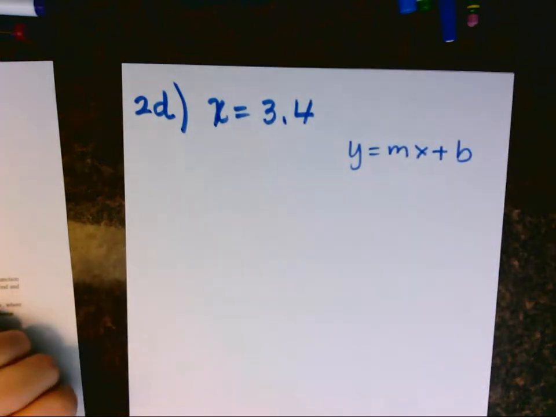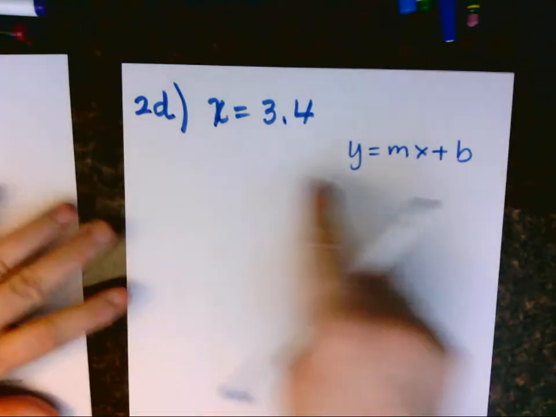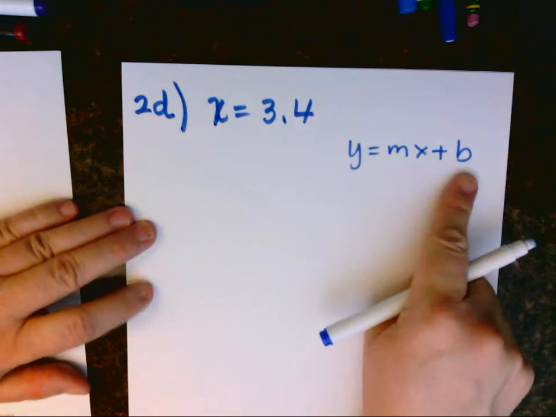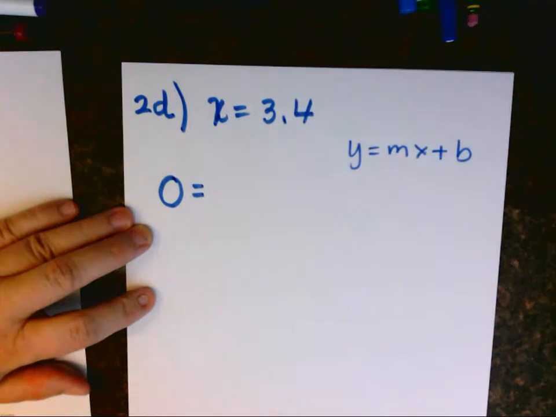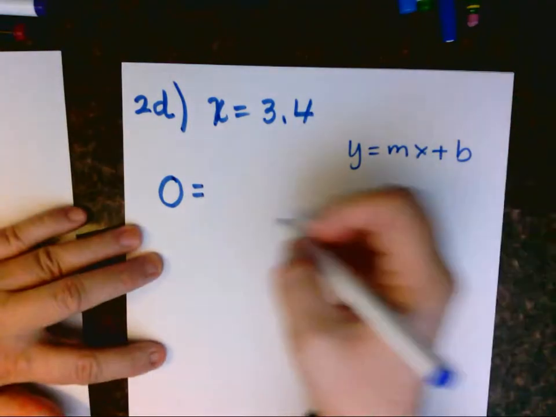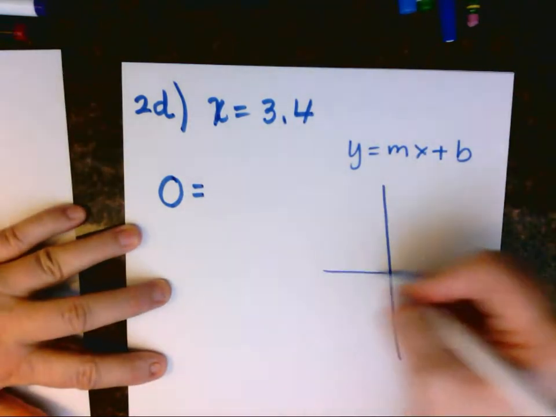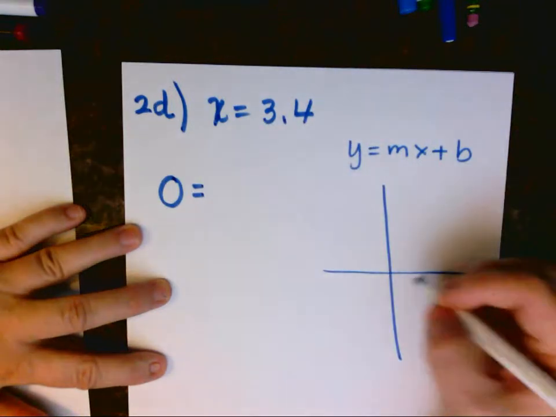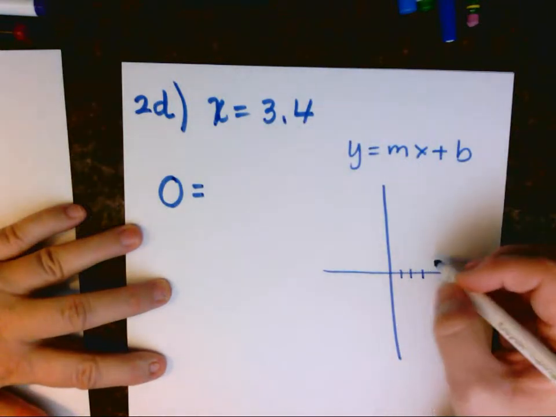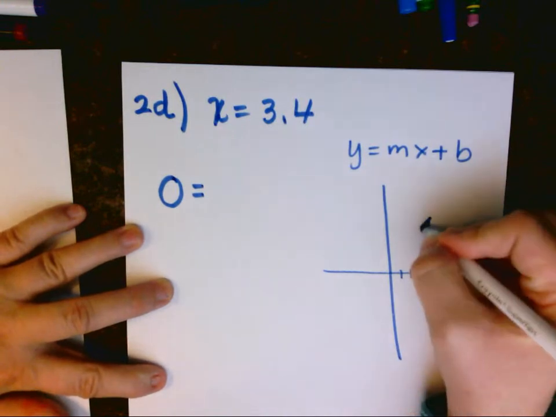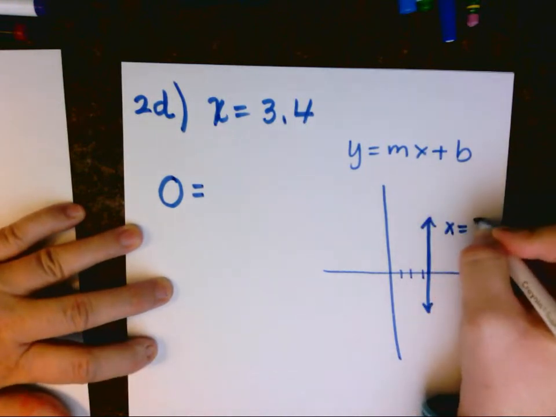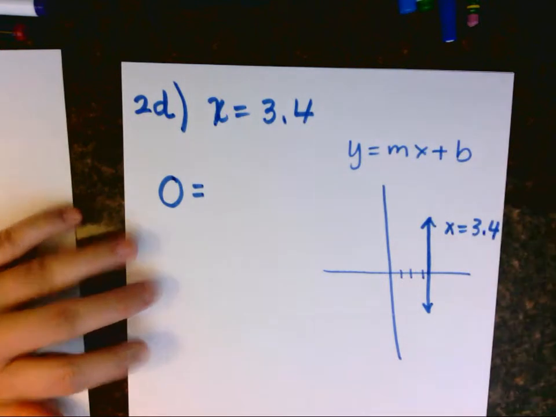There isn't a y here, so that's what's kind of confusing. But we want the x and the number to be on this side like that. So we're going to leave a 0 over here. What does this graph look like? Let's think about that a second. X is 3.4. So right over here, x equals 3.4.